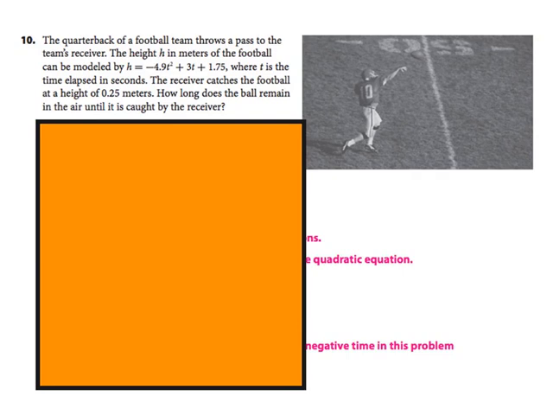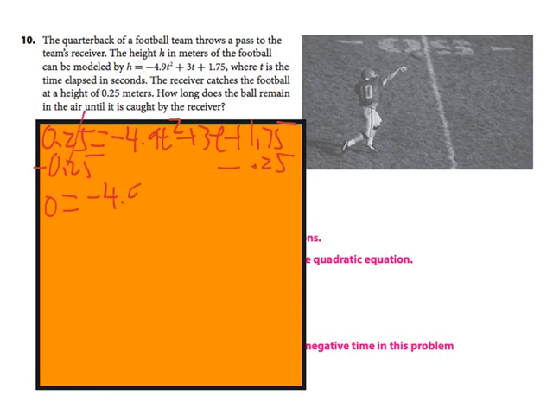So that means that our height is going to be 0.25 equal to negative 4.9 t squared plus 3t plus 1.75. So we're going to subtract 0.25 from both sides of the equation. So 0 equal to negative 4.9 t squared plus 3t plus 1.5.